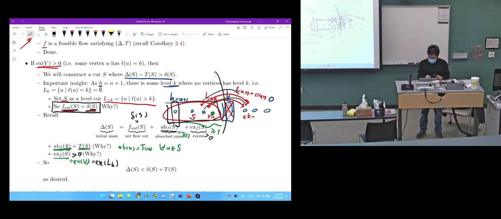Okay, now with this equality, just by plugging everything in, you have this thing is this thing is this, and the excess is more than 0, so this is strict.